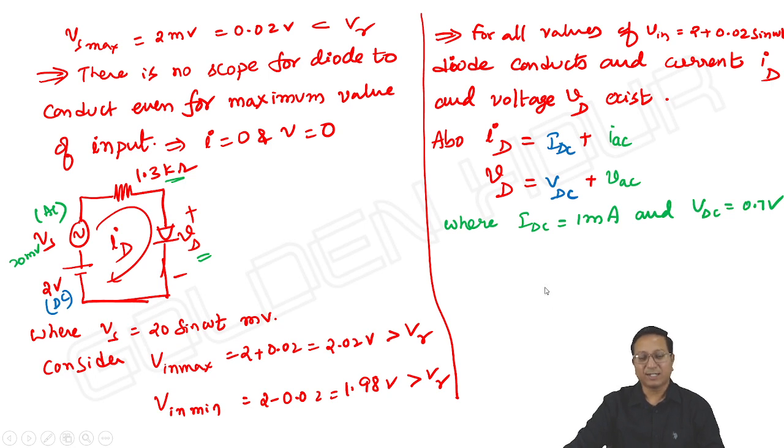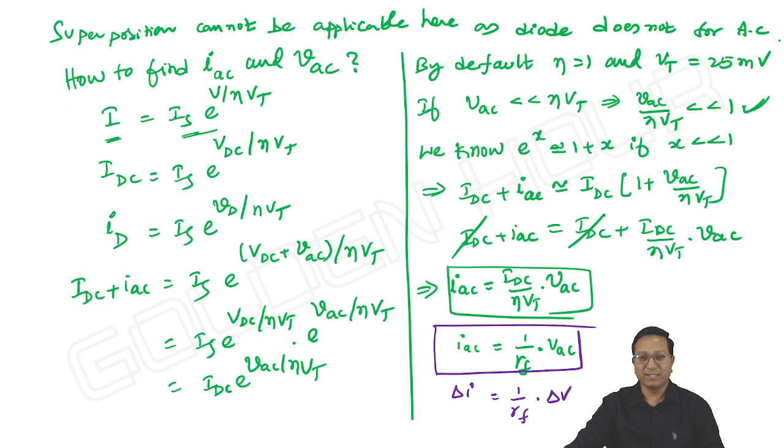If so, the current through the diode and voltage across the diode are a combination of DC and AC. We know the DC component values, but we do not know the AC component values. How to find those? Conditionally, we take the AC voltage across the diode to be far less than eta Vt, and hence the nonlinear relation of current and voltage of the diode can be approximated to a linear relation.